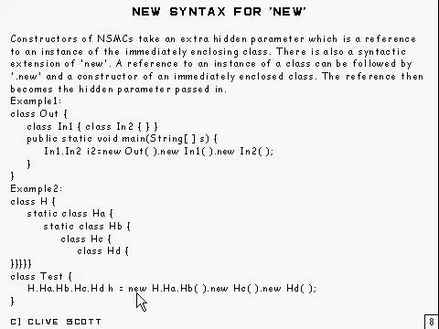And to make it, first of all, we construct HB, and the type HB is h.ha.hb. So we do new h.ha.hb like that, and that gives us an instance of HB, which we can then put .new after, followed by HC to construct HC, which we can then put .new after, followed by HD to construct HD.